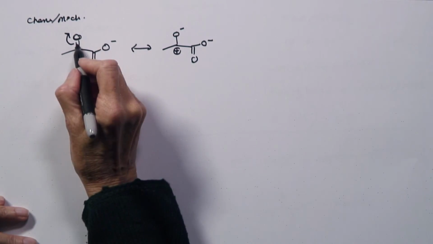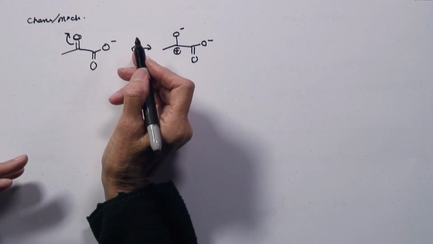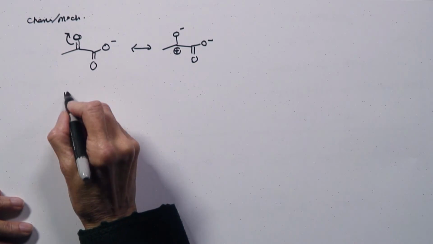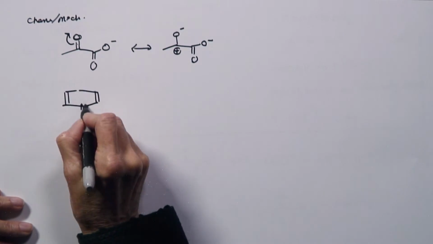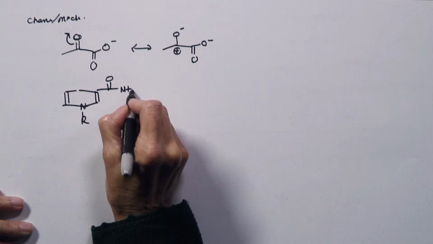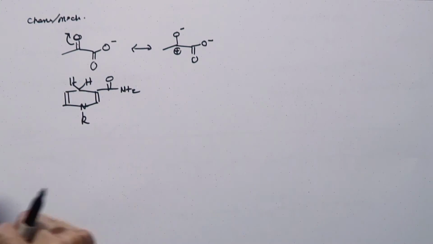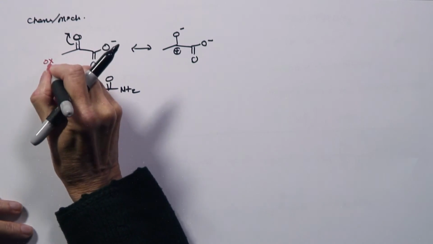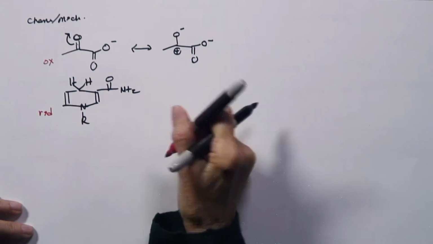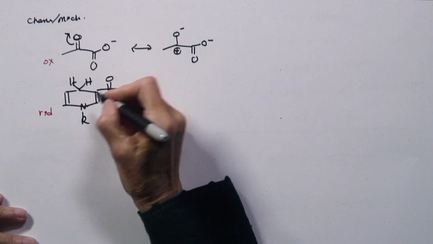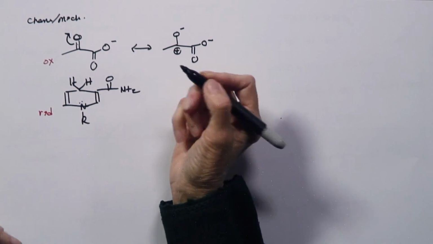And so we want to reduce this carbonyl to an alcohol, and this is done with the reduced form of the cofactor. So again, in every redox chemistry, this is the oxidized form, this is the reduced form. And so now the question is, how does this chemistry happen?